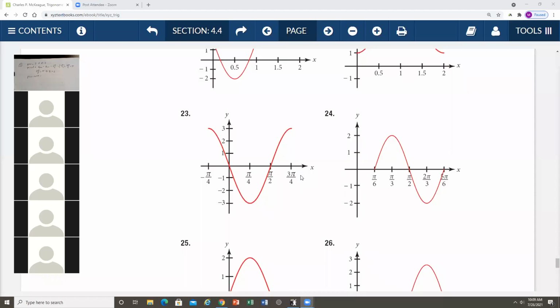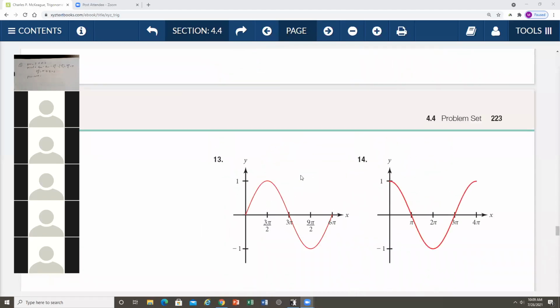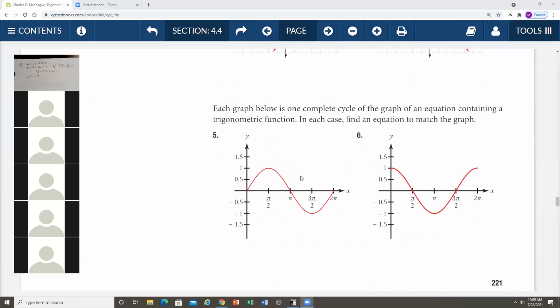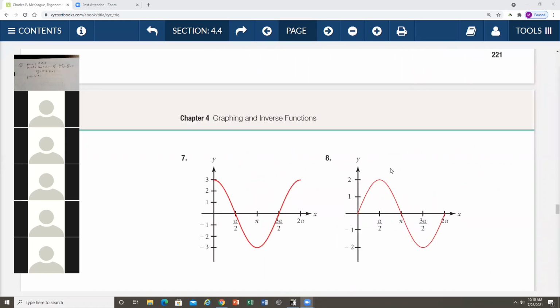All right, phase shift. Ladies and gentlemen, do we have a phase shift here? Notice if you go back to the graph of the basic cosine function, number 6, the basic cosine function's graph starts on the y-axis and does its thing, either goes to a min or a max. Ours does not start on the y-axis.